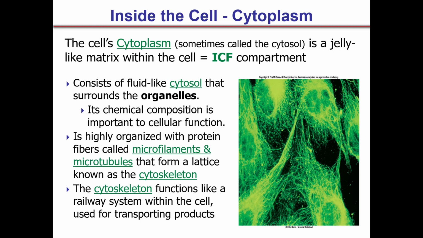And when we add a fluorescent stain to these proteins, and then under the microscope use a UV light, they glow like this. So you can almost see how it forms these hair-like railroad tracks. And the cytoskeleton not only gives support to the cell, it's a way of transporting substances here and there when you're inside the cell. So that's the cytoskeleton.